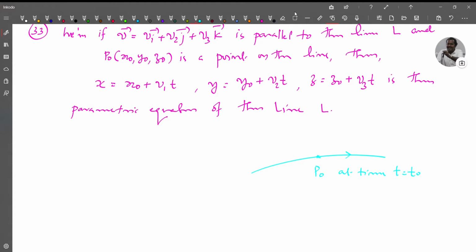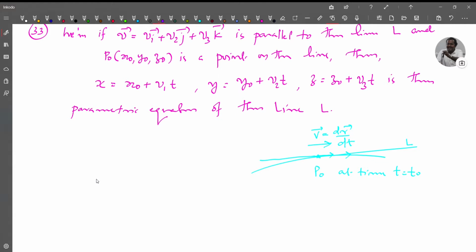We know that at t equal to t naught, the velocity vector is in the direction of the tangent. So if this is the tangent line L, then the velocity vector will be in the direction of L. You know that it is dr by dt.